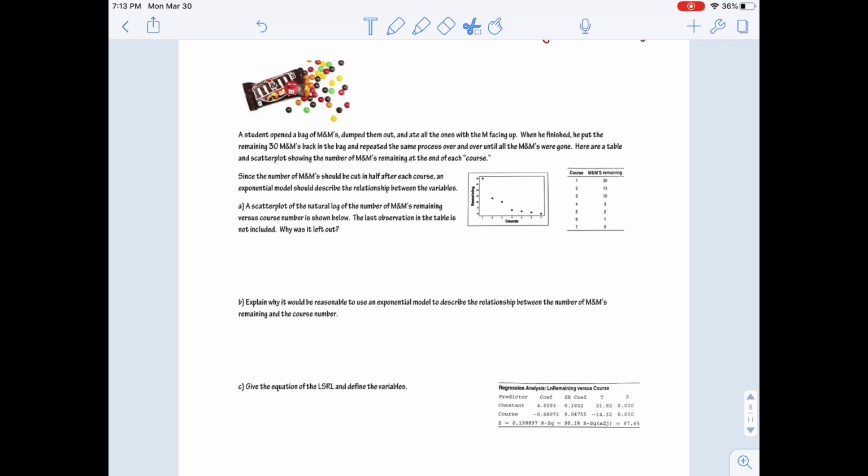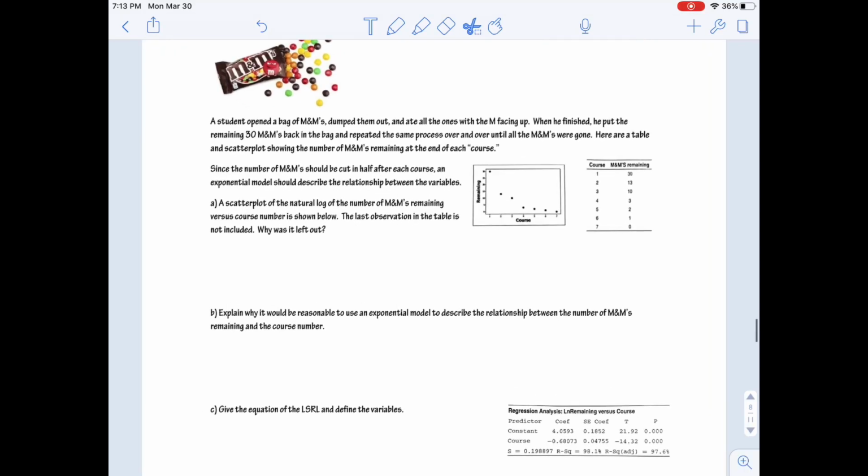Okay. Well, in the last one, it's left out because if we were trying to take the natural log, the ln of 0, that's going to be undefined, and we're not going to be able to do that there. Okay. This is not actually on the graph or on the table here, but if we're going to make this x versus the ln of y, we'd get something that is pretty linear there.